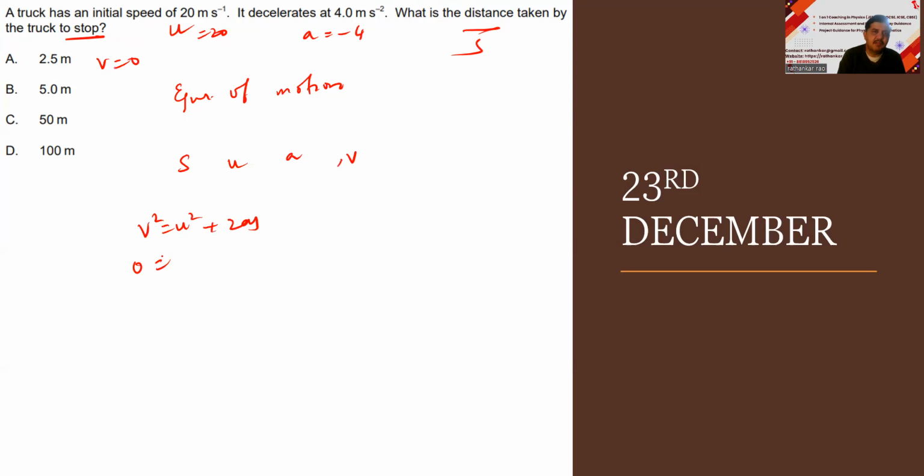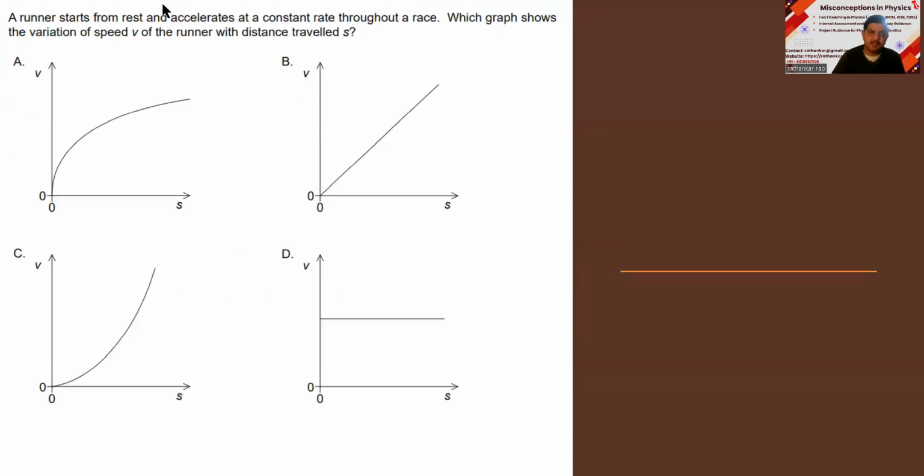This should be equal to U square, what is U square? 400, 20 square, plus 2 into what is A? Minus 4. What is S? Unknown. So you need to find this out. So 400 should be equal to 8S. This implies S should be equal to 400 divided by 8, which is equal to 50 meters. So the answer here is C. Okay, now let me move on to the next one.